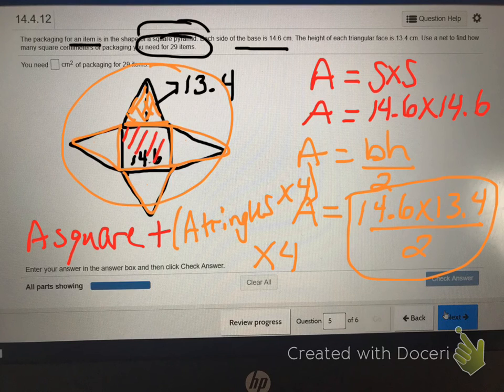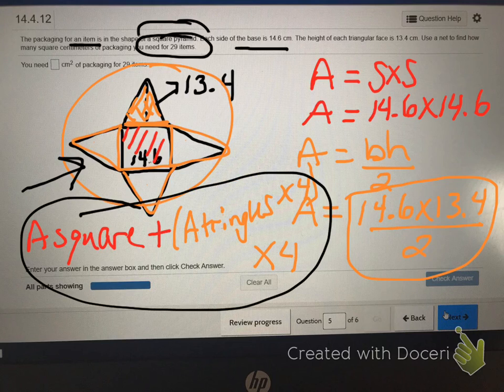So if one item can fit in this square pyramid, we need to take the area that we found for this square pyramid and multiply it by 29 items, or add it 29 times, but we know that repeated addition is multiplication. So we take this answer and multiply it by 29, and that should give you your answer.